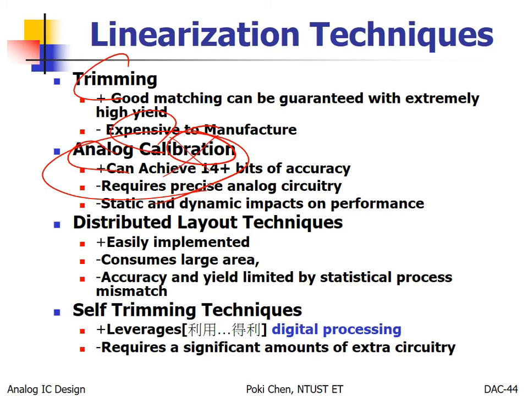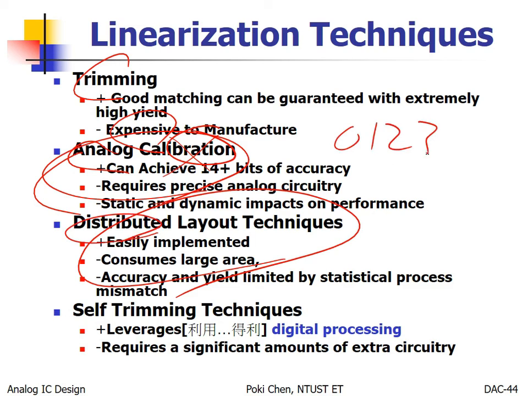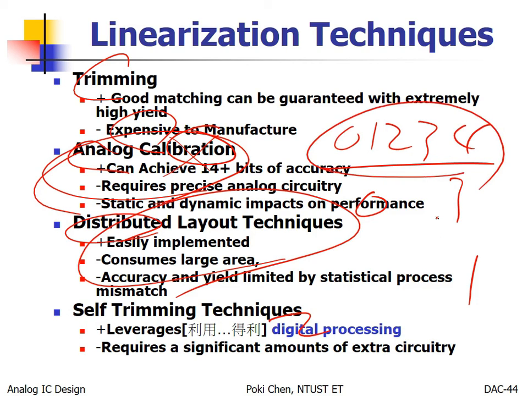You need to pay for it, or you can pay for it by very good layout technique. Distributed, as I said, don't do anything like this. No, no, no. You need to spread the layout for all those neighbors as randomly as possible.